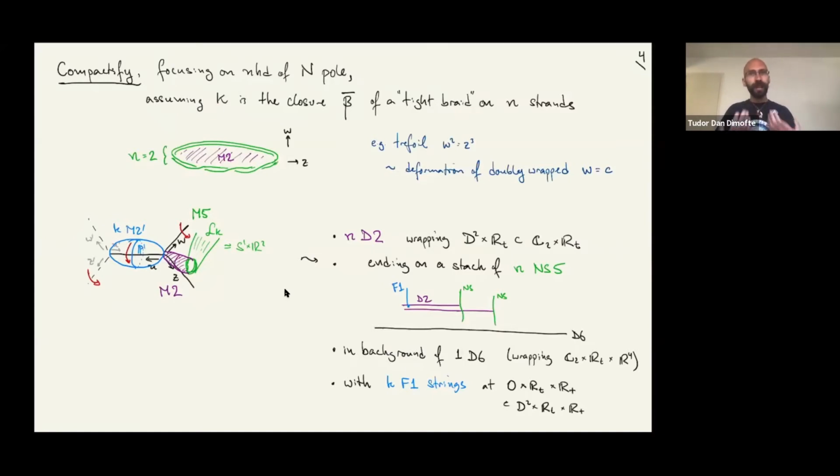So if I express this as a braid on n strands, then I have an M2 disk that is wrapped n times. And after the compactification, this becomes n D2s. The D2s end on a stack of NS5s. So the M5s that had been wrapping the knot become NS5s.